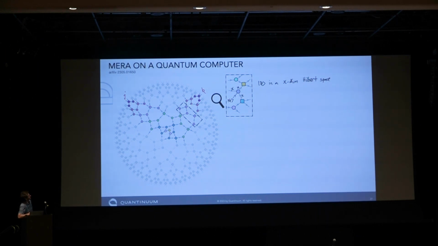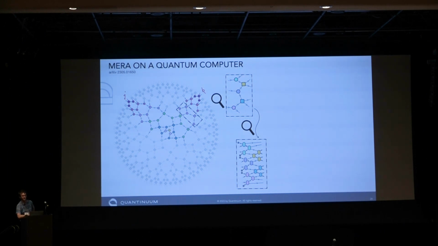And in general, I talked about this, you might think of this as a 2-qubit gate if the bond dimension is 2, but if chi is the number of indices that this leg runs over, then you need a chi-dimensional Hilbert space, or say log2 of chi qubits coming in along each of the legs here. And for us, we did this implementation with chi equals 4, which means you just need to decompose each of these legs into 2 qubits.